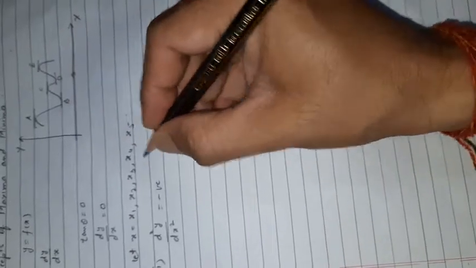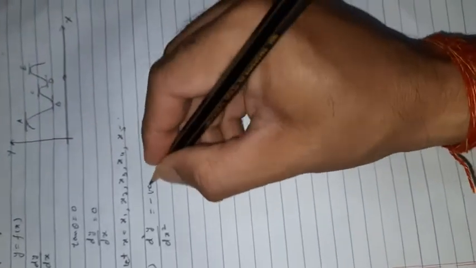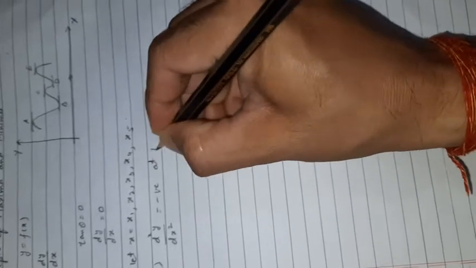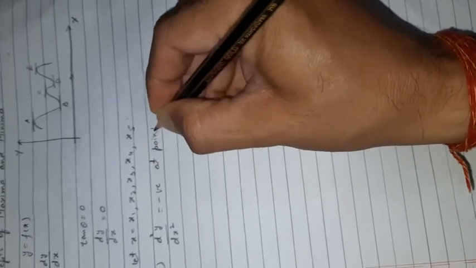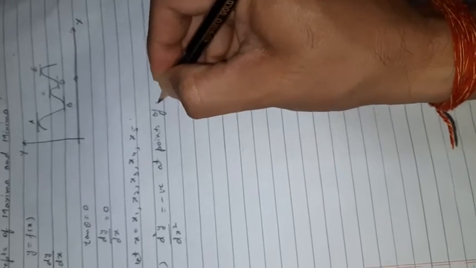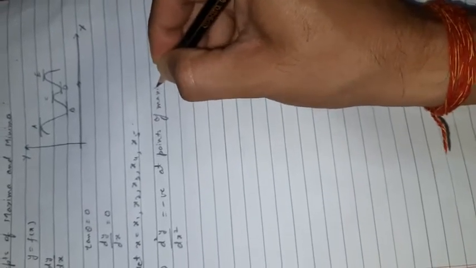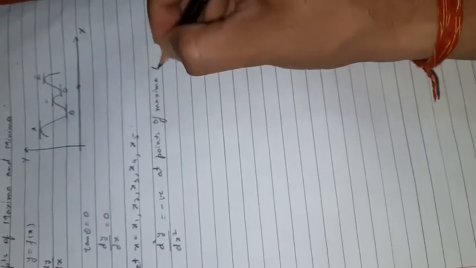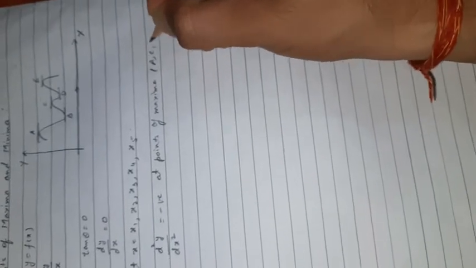So according to this figure, it is negative at the points of maxima, that is a, c and d. Clear? Understood?